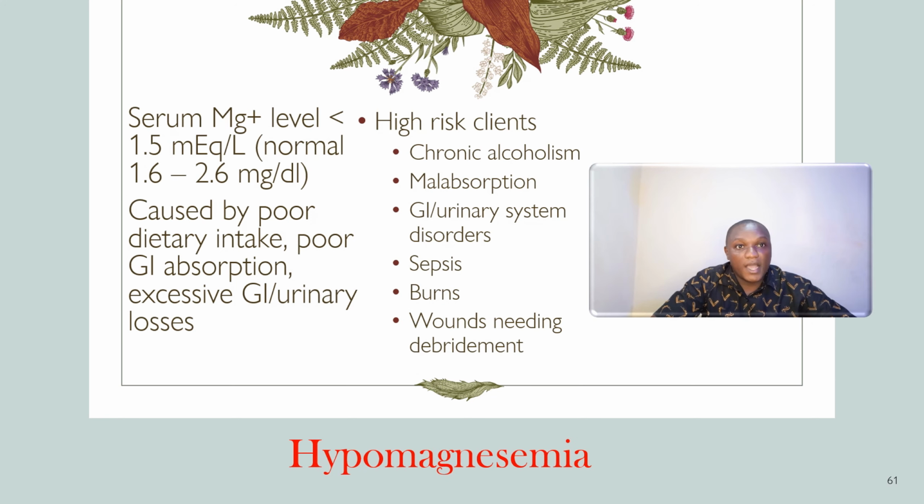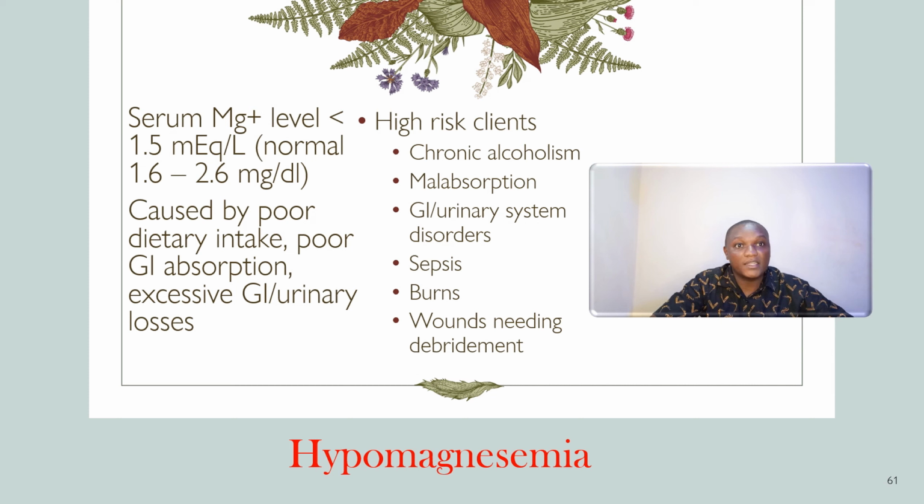Now let us look at hypomagnesemia. We have said that hypomagnesemia is serum levels of magnesium below 1.5, hypo, low magnesium levels, caused by poor dietary intake, poor gastrointestinal absorption, excessive GI and urinary losses.